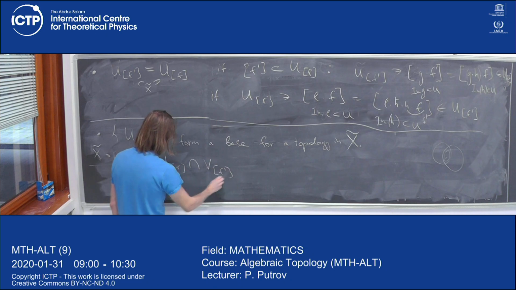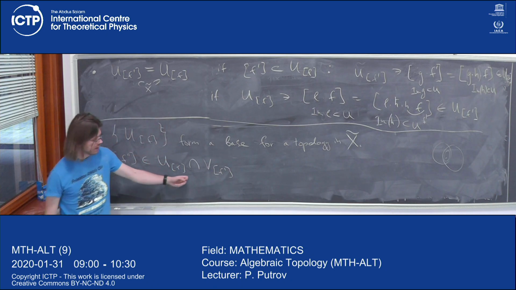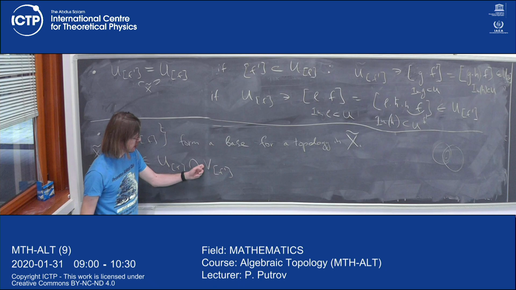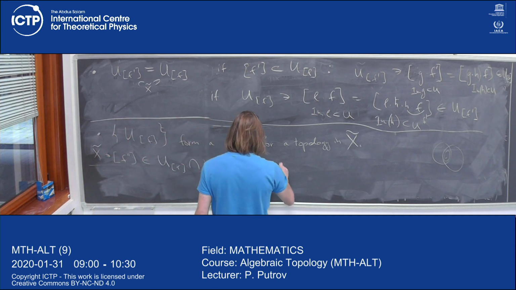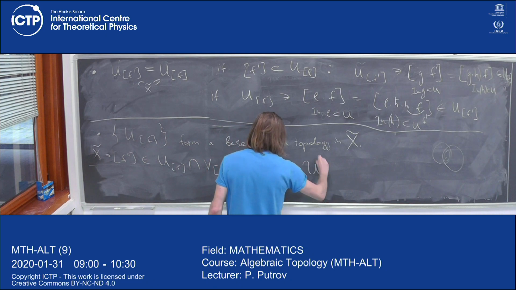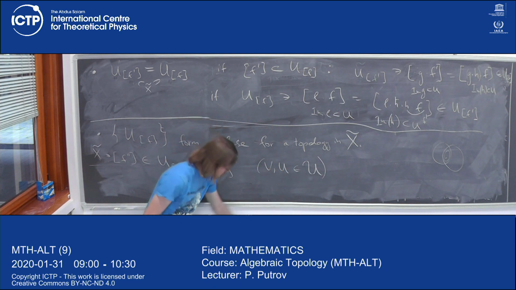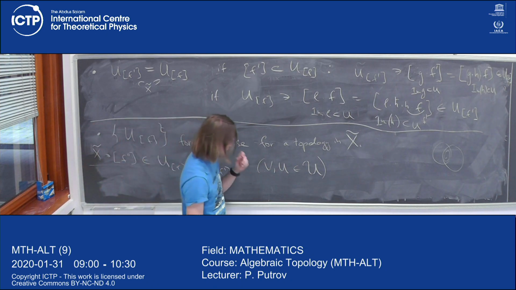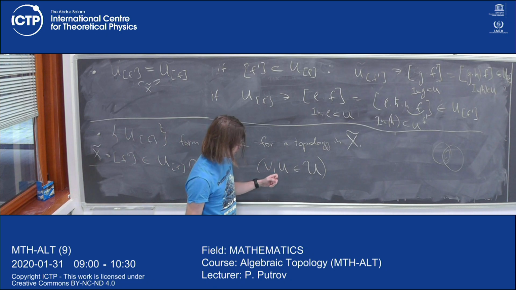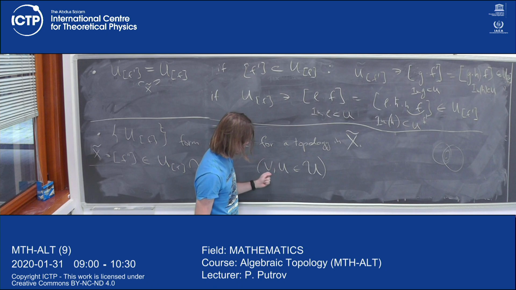One set will be labeled by the pair U, F and the other will be labeled by V and F prime. So both V and U are in our collection. I remind you, this means that they are open, they are path connected, and the push forward of their inclusion is trivial.